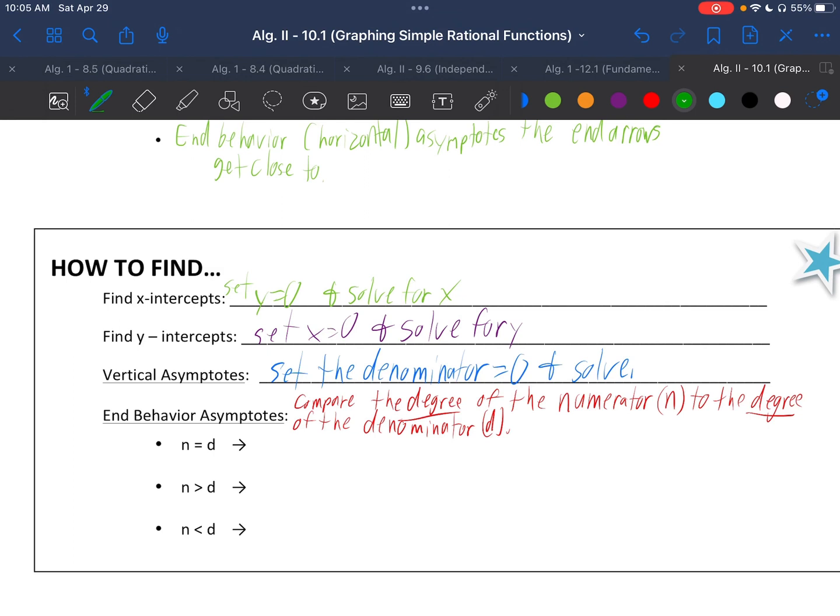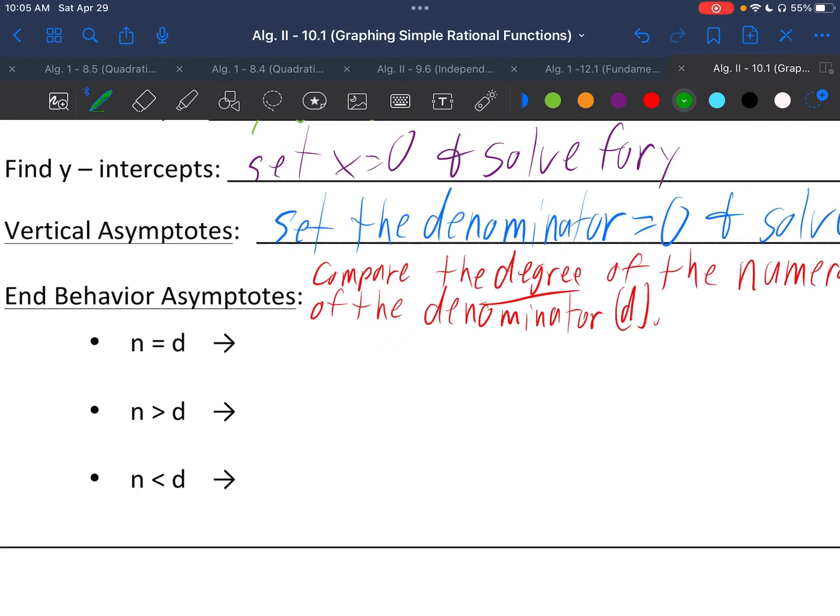So when you compare the degree of each of them, I'm saying the highest exponent really, when the degrees are equal, then you have a horizontal asymptote at y equaling the leading coefficient, plus whatever translation is occurring up or down.